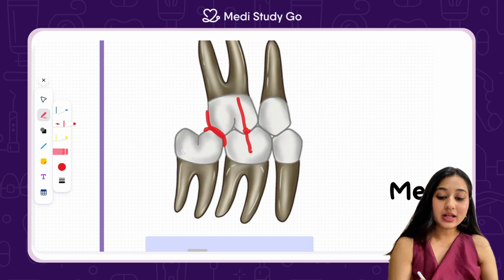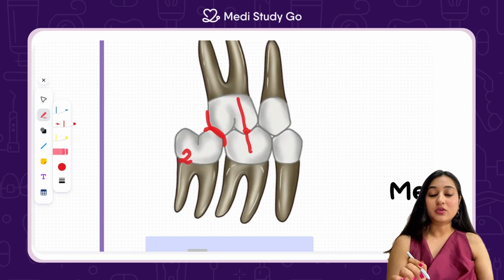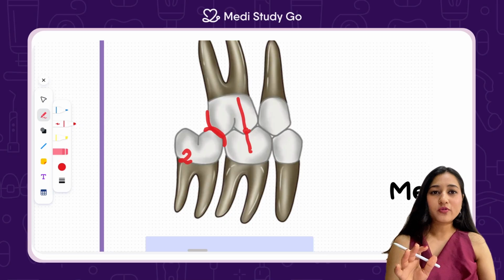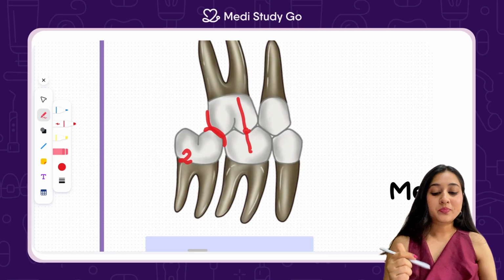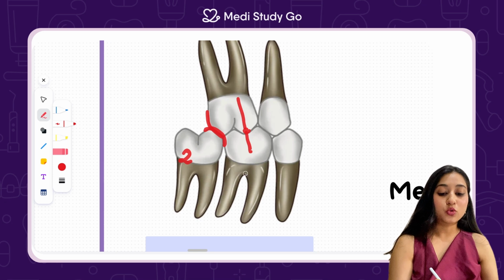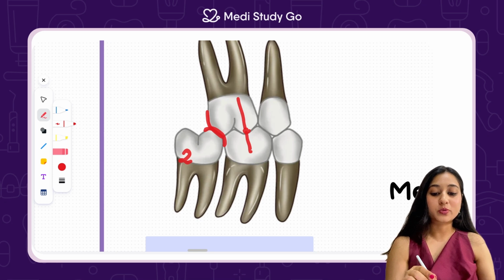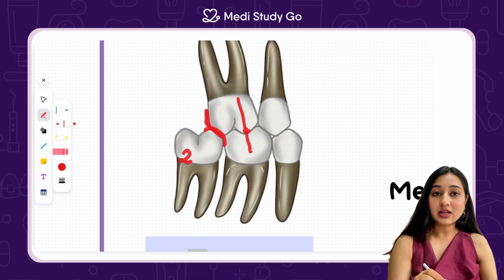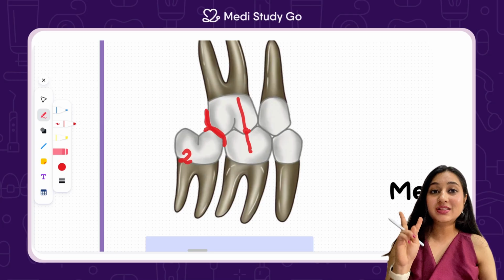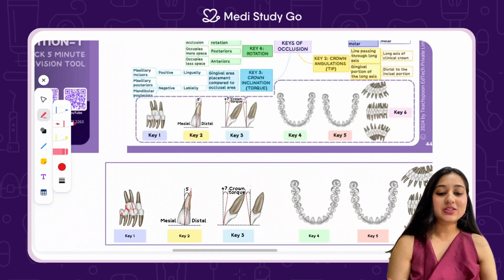Note that this is the lower second molar, and this is often a confusing MCQ. They might give you 2 different options, with one having a lower first molar and the other having the second molar. So the answer is that for the upper first molar of the maxilla, the distal edge of the distal cusp should occlude with the mesial edge of the mesiobuccal cusp of the lower second molar. This was the second point.